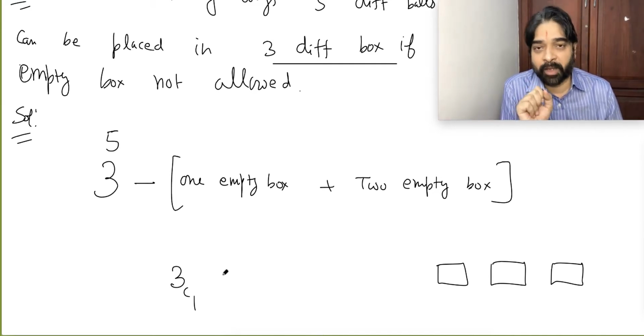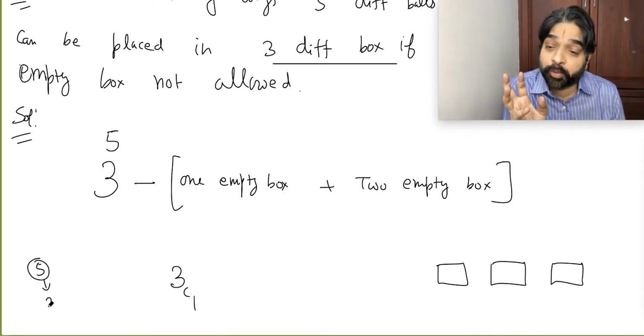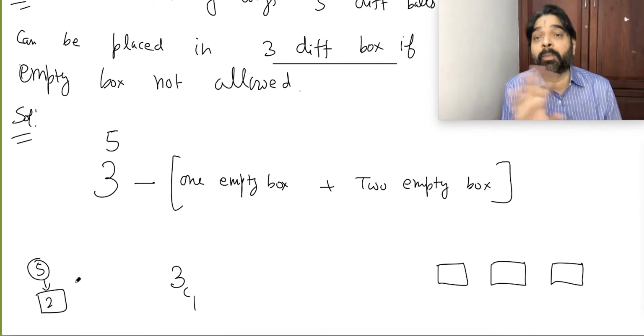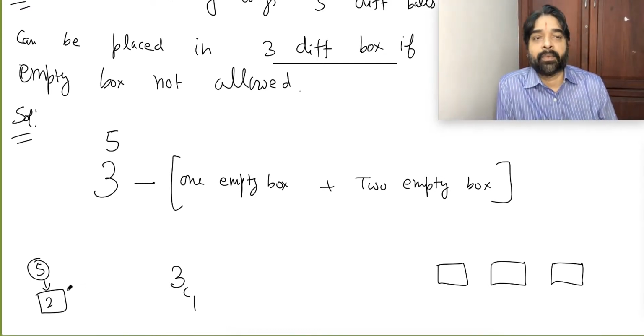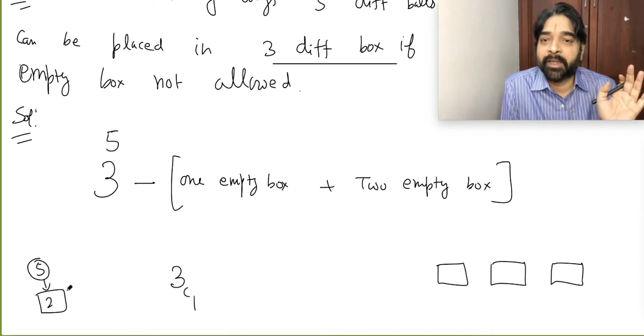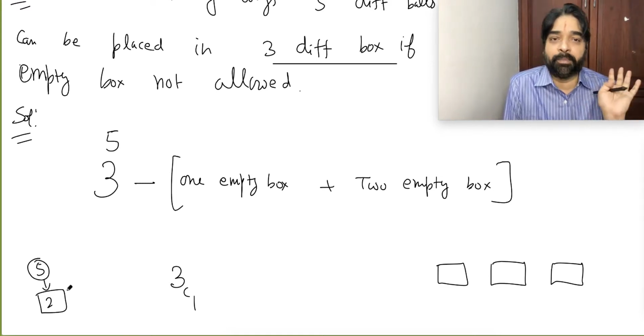Now the question is that we have to distribute these 5 identical objects into 2 boxes so that no box is empty. Excuse me. Are you able to understand? Now it becomes a brand new question. I have to distribute 5 different balls into 2 groups so that no group is empty.